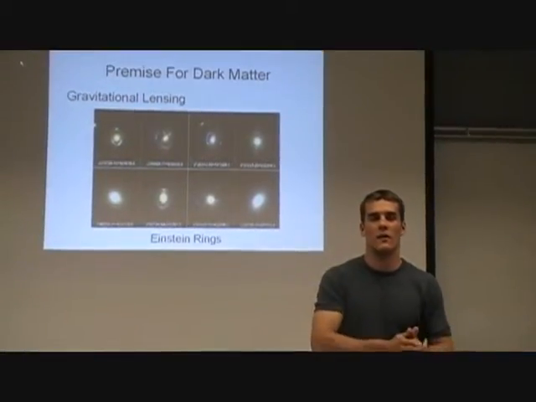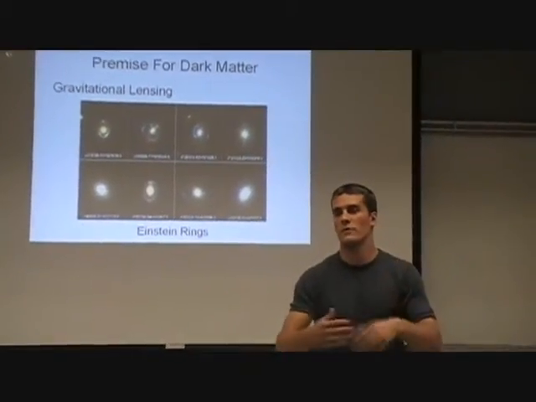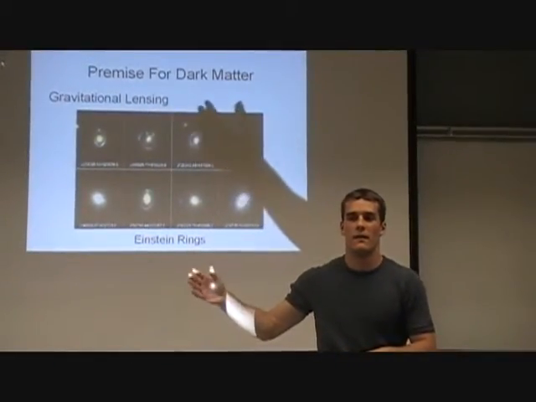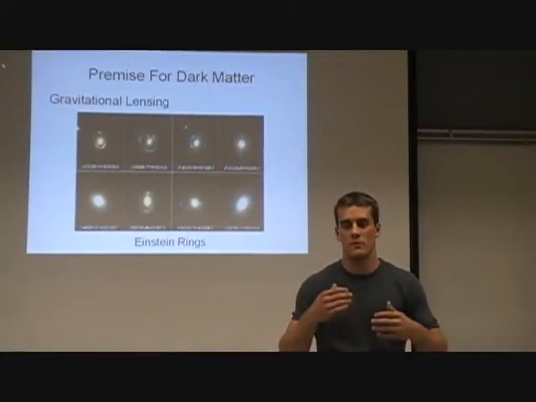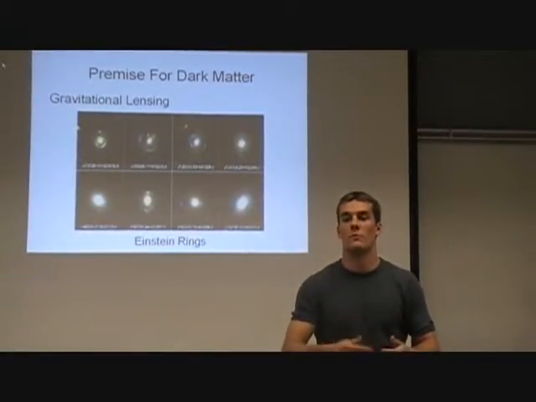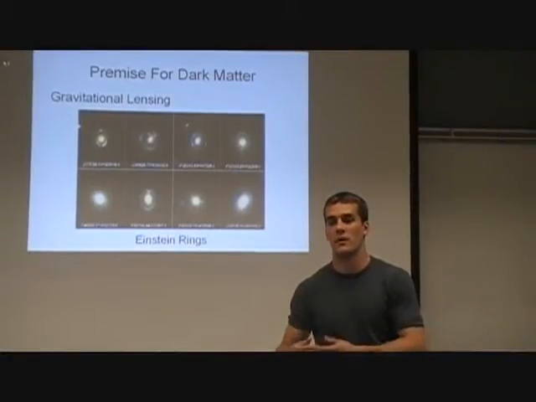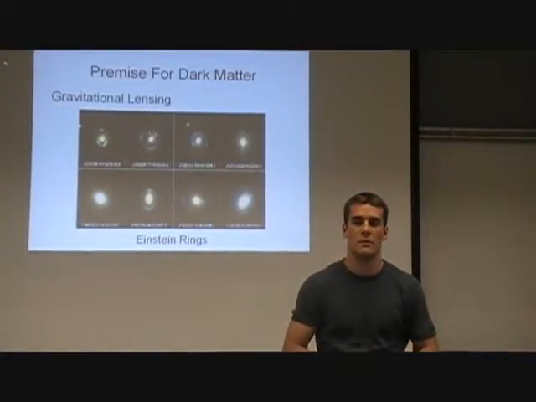But that kind of scale is factors of 2, 3, 4, 5, up to 10, versus dark matter scales, where we're talking about orders of magnitude, like 10 to the 3, 10 to the 5 sometimes. It's a much bigger effect.